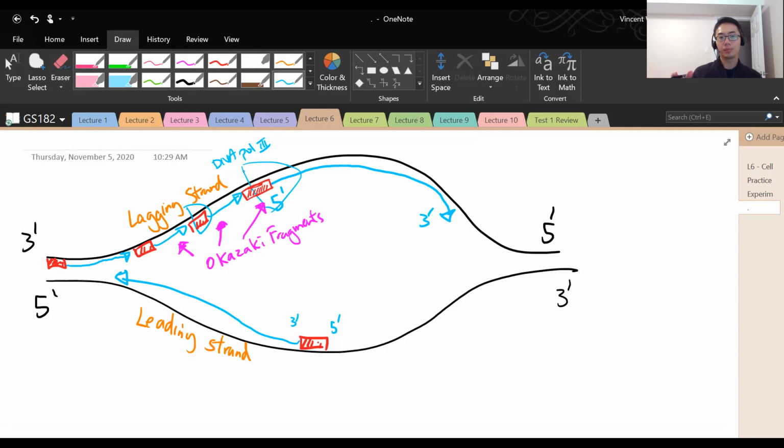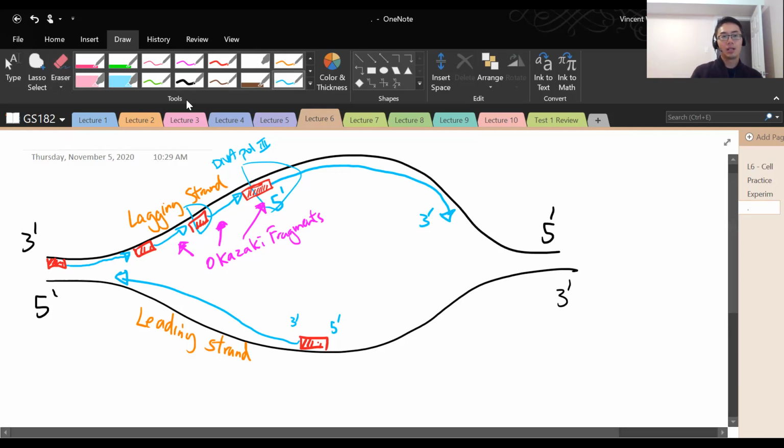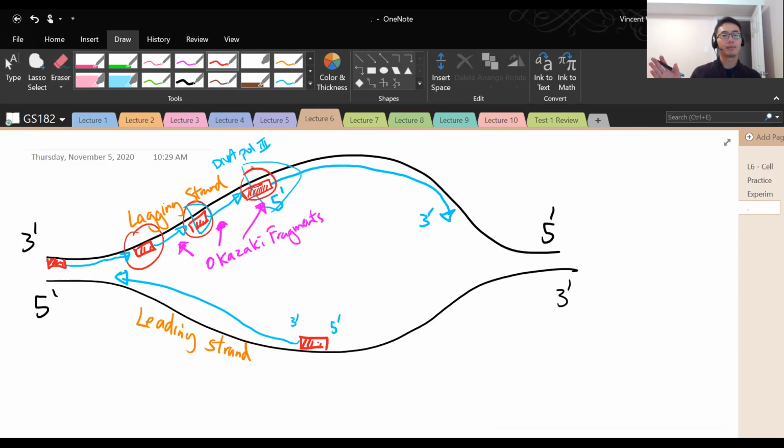Is that point clear? Just want to make sure that you understand what I'm saying. Okay, all these are RNA, and they will be replaced with DNA by DNA polymerase 1. Is that okay? I don't see any question.